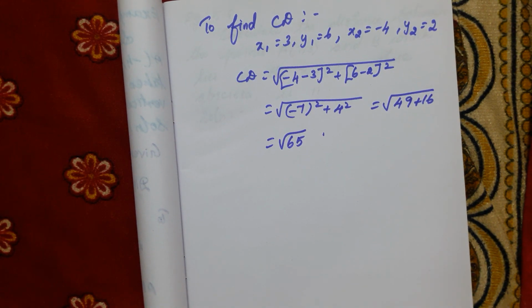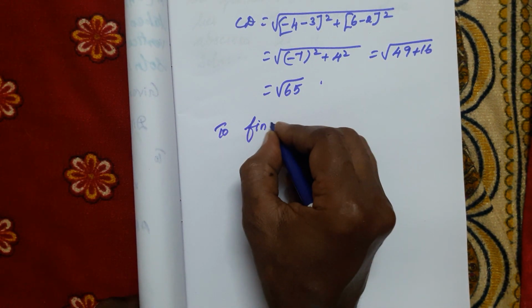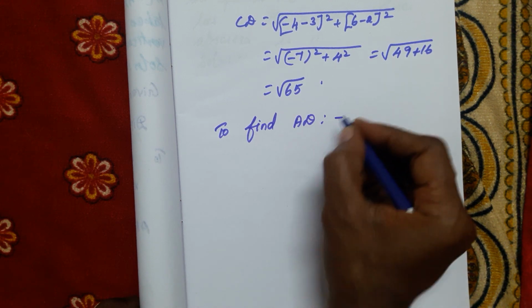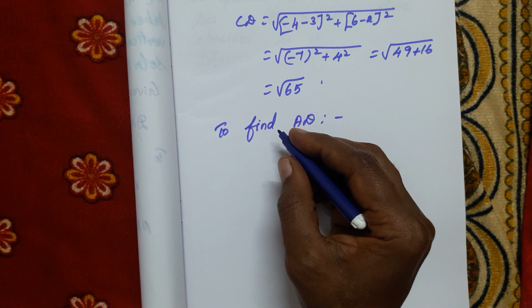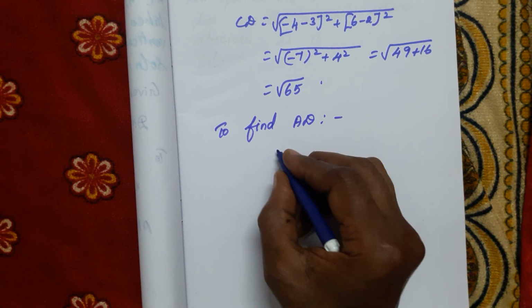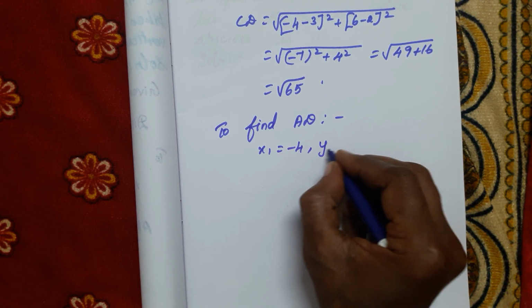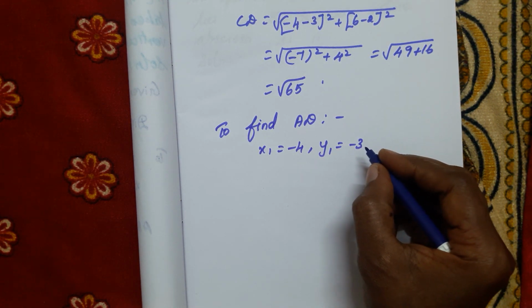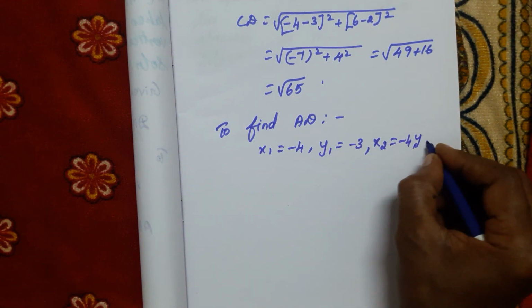Then which side do we want to find out? AD. Okay. We have done AB, BC, CD. Next we want to find out AD. What is x1, y1 for AD? A is x1, y1. x1 is equal to -4, y1 is equal to -3. x2 is equal to -4, y2 is equal to 2.